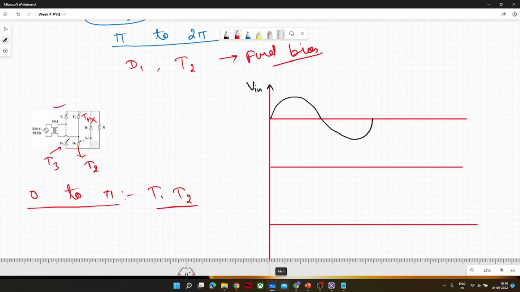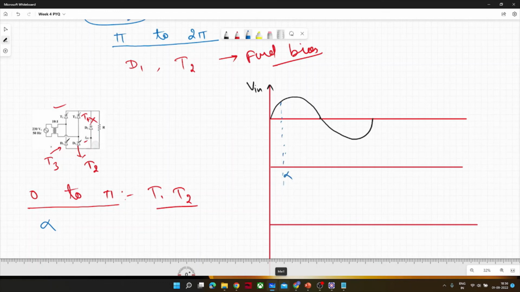This device and this device would be forward biased. But it would require some firing angle, and let's say the firing angle is alpha.